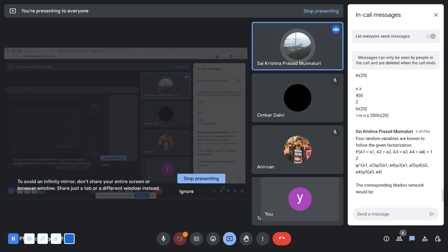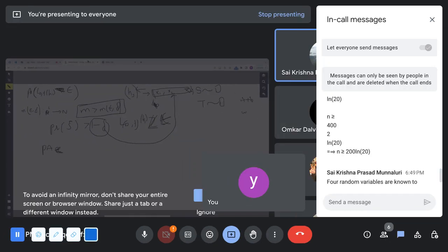Actually, there is no explanation as such; even I'm not sure why that is. You are saying A4 and A1 is also connected, A4 and A2 is also connected.